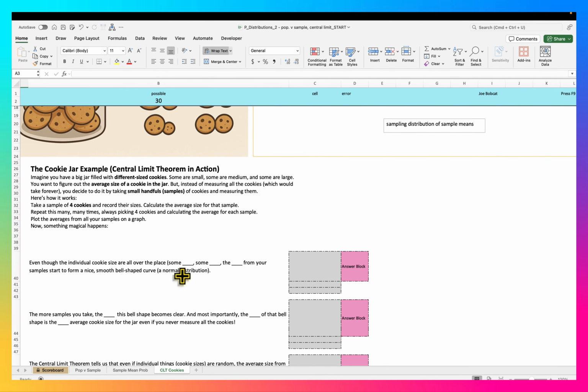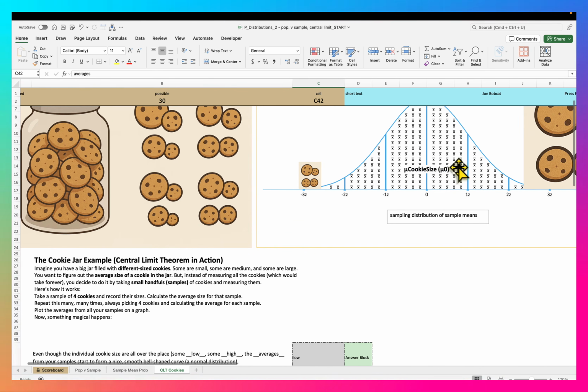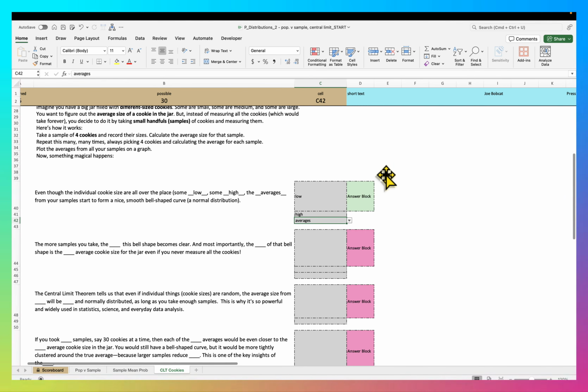So even though the individual cookie sizes are all over the place, some low and some high, the averages from your samples tend to form a nice smooth bell-shaped curve, which is a normal distribution.